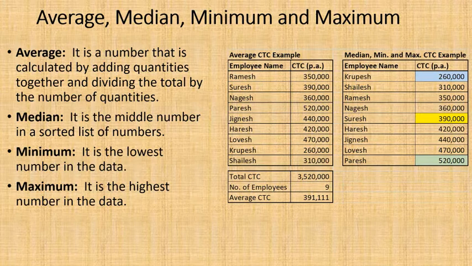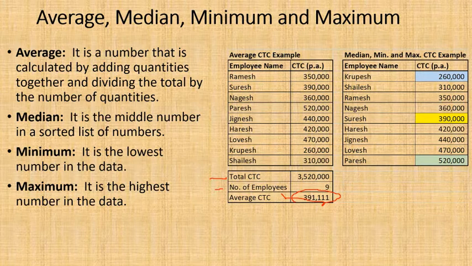I have taken the total of all the 9 employees and divided it by 9 because there are total 9 employees, and the average CTC here comes to 3,91,111 rupees. So that's how the average is calculated.